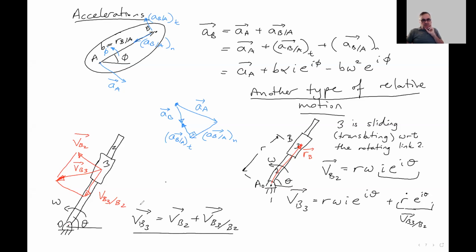It says the following. Velocity of the slider is equal to the velocity of the rotating frame on which it slides plus the sliding motion. So the velocity part is kind of easy. The more difficult part, as we will see, comes out when we take the derivative of this.